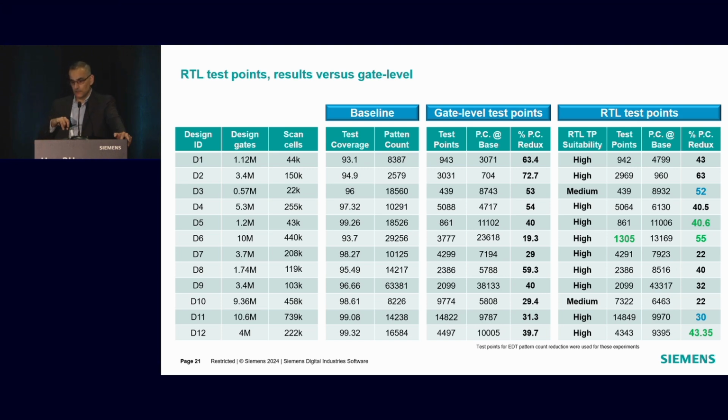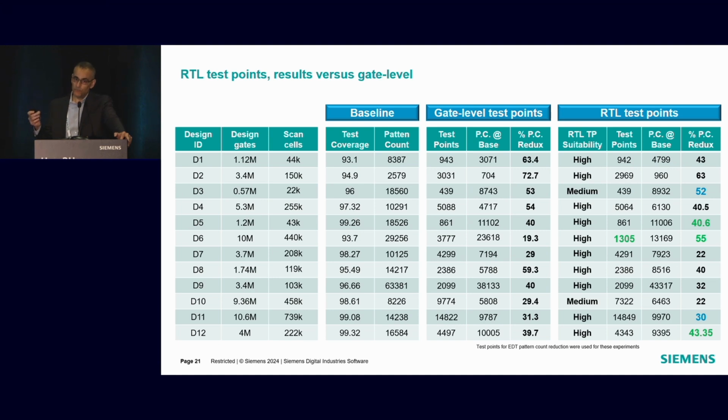Quite a few, actually, fewer test points are needed than at gate level, and the pattern count reduction is a lot more, 55%. There's a range, and some of them are not as good, but overall we see very good results comparing the gate level to RTL.